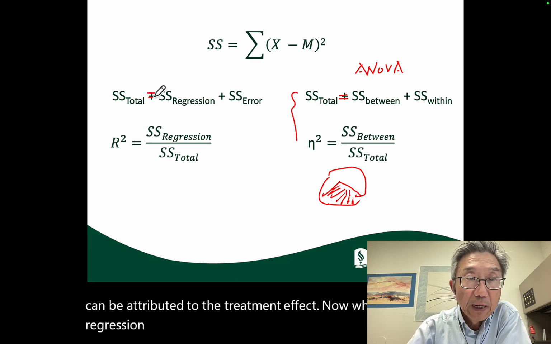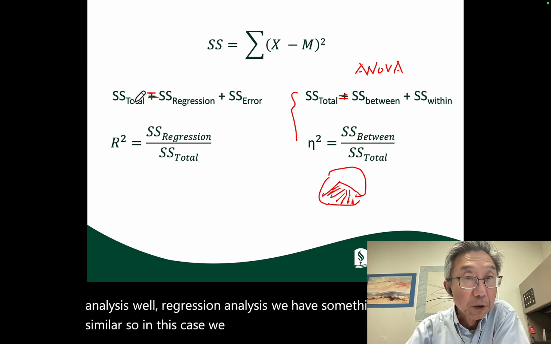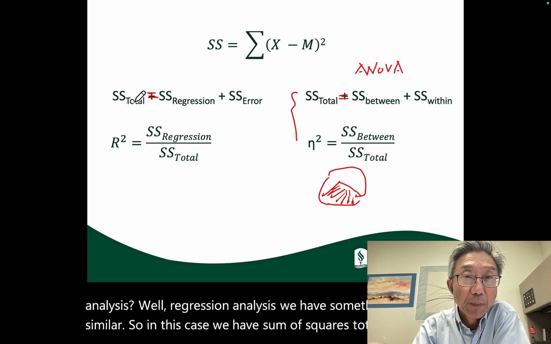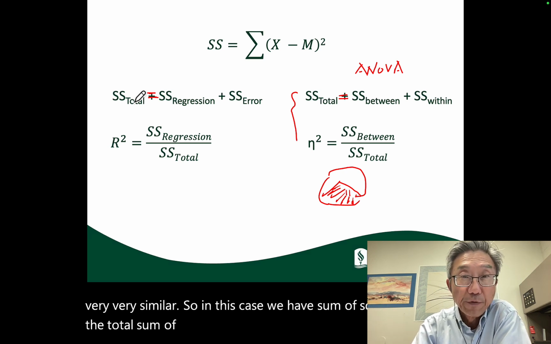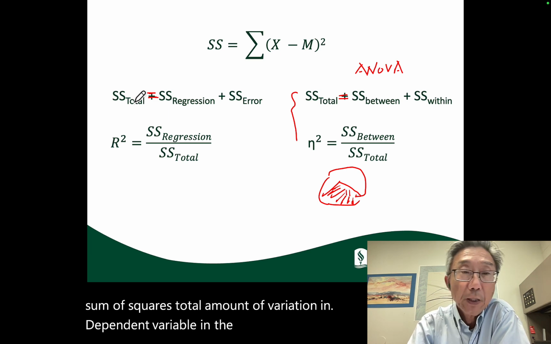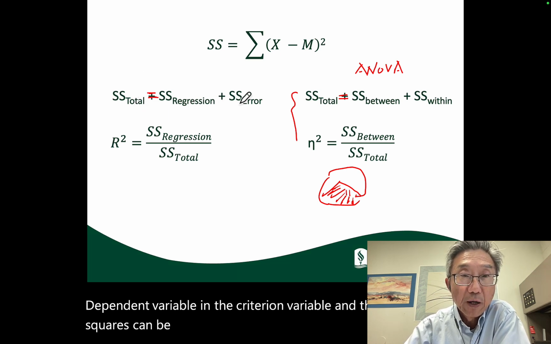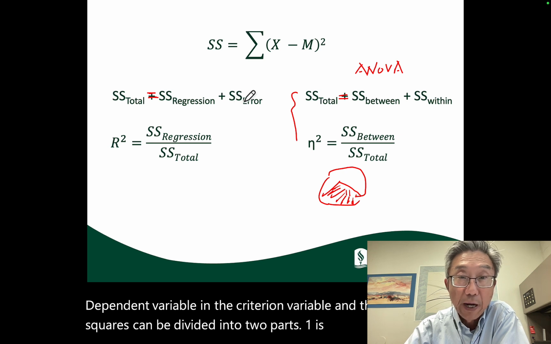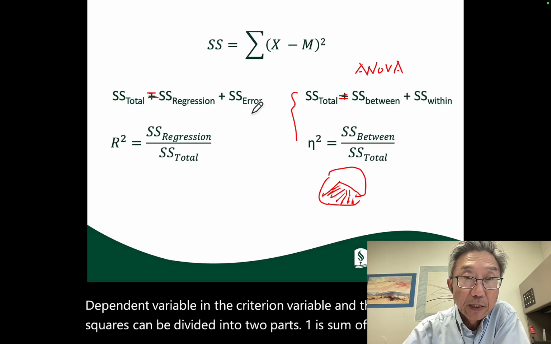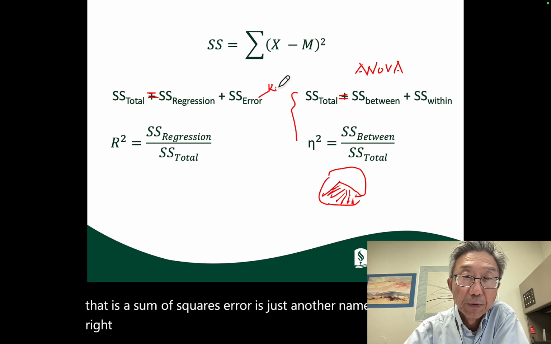Well, in regression analysis, we have something very, very similar. We have the sum of squares total, the total amount of variation in the dependent variable, the criterion variable. And the total sum of squares can be divided into two parts. One is the sum of squares error, which is just another name for residual. So this is residual.